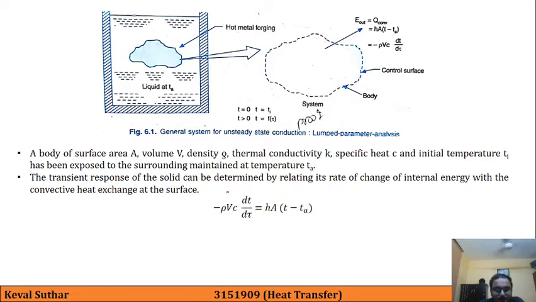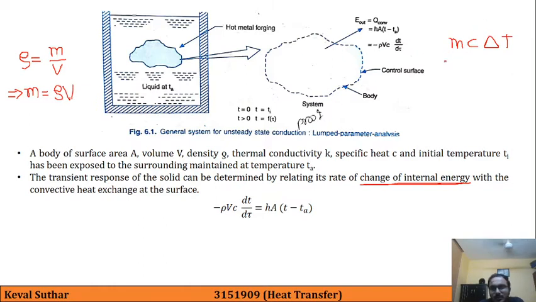Now here, the change in internal energy is given by m c delta T. If you recall, the density rho is equal to mass upon volume, so m is equal to rho V. So in this form it is rho V c, and temperature is dependent on time, so it will be dT over d tau.